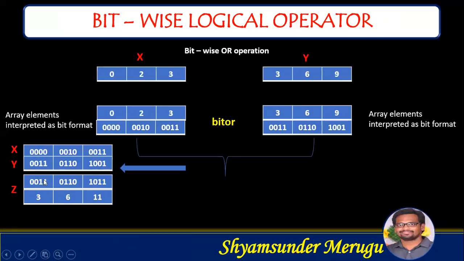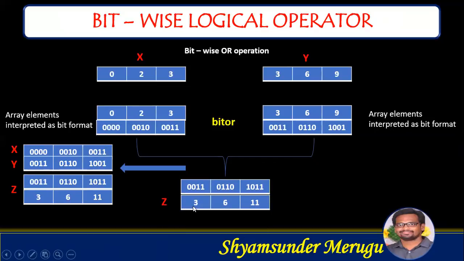Now the result will be displayed as numerical values. So when you apply the OR operation on the bits of x and y, we get these binary representations, and the equivalent values displayed here are 3, 6, 11. Now we get the answer as 3, 6, 11, and that will be assigned to a variable z.